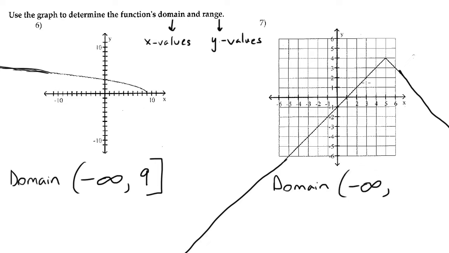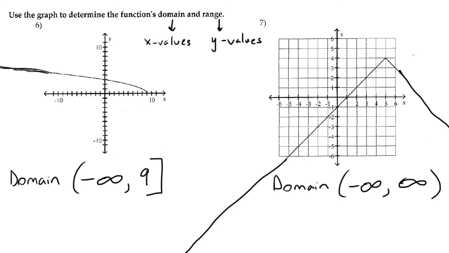It's defined for 2, 3, 4, 5, 6, 7. This thing doesn't stop. It goes forever to the left and forever to the right. Domain is all real numbers, all x values. This function is defined for every single x value you can think of. This one stops right at 9.